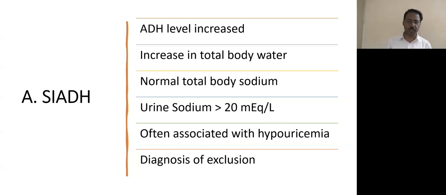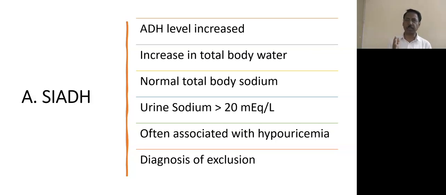And so what we're looking at is that the ADH level is the key thing that goes high here, which causes an increase in the total body water. And most of the time, hyponatremia is more about not sodium being less, but water being in excess as compared to the sodium. And as we mentioned, urine sodium is lost here. And hypouricemia is another feature.